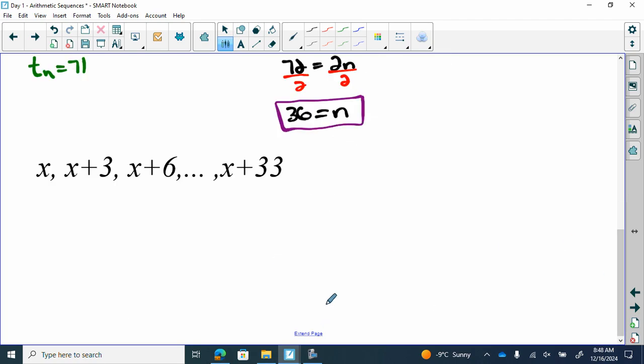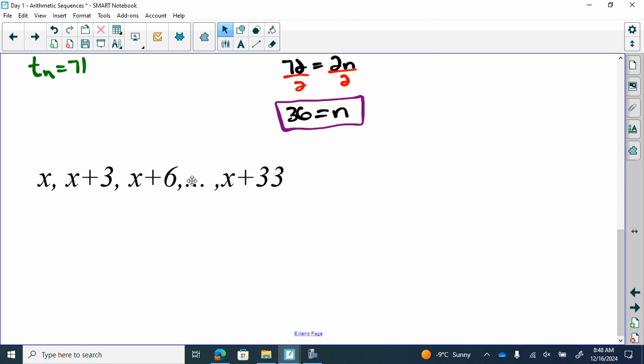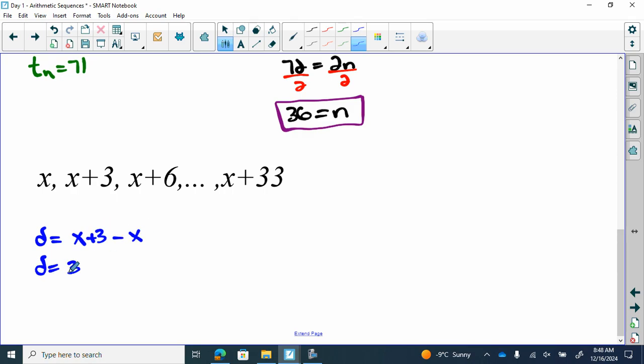Next up, we've got a sequence that says x, x plus 3, x plus 6, x plus 33. Does anyone know what the common difference is? It's 3. I'm just adding 3 each time. Like, if I went term 2, x plus 3, minus term 1, I'd get a 3.